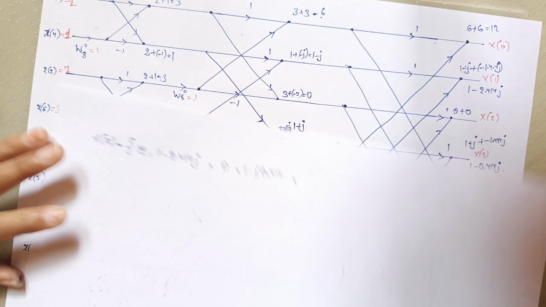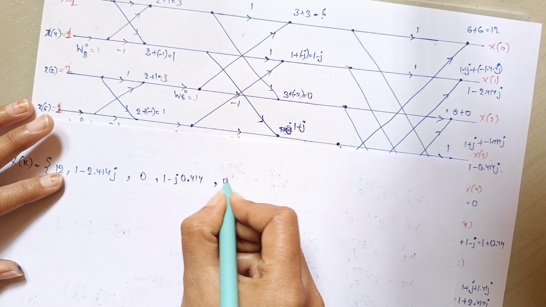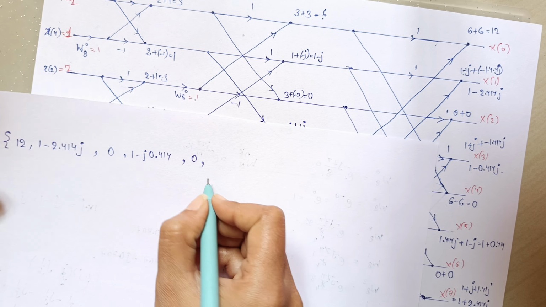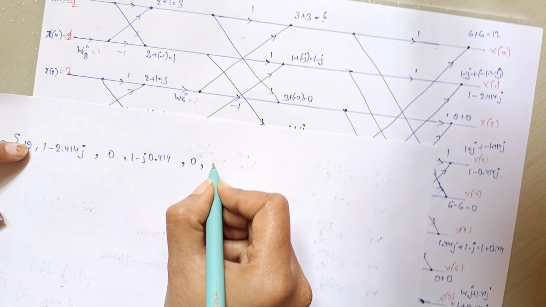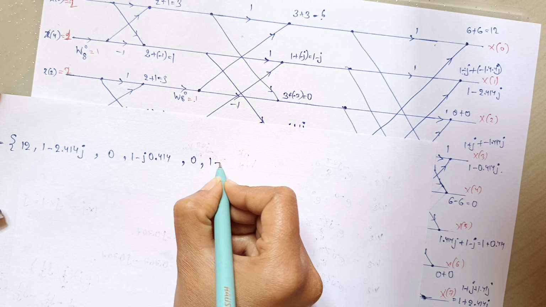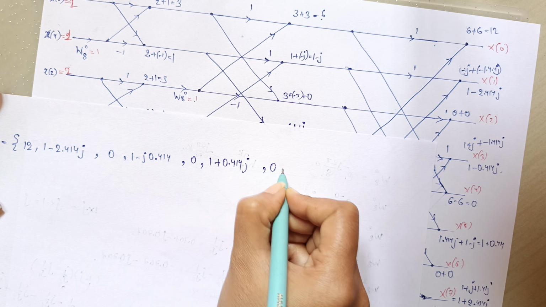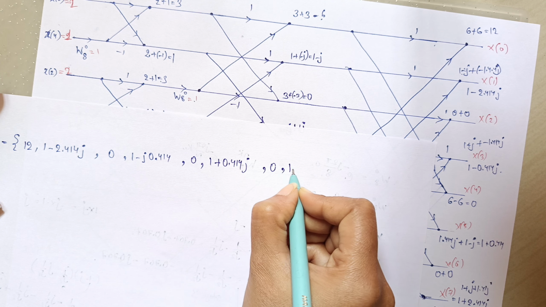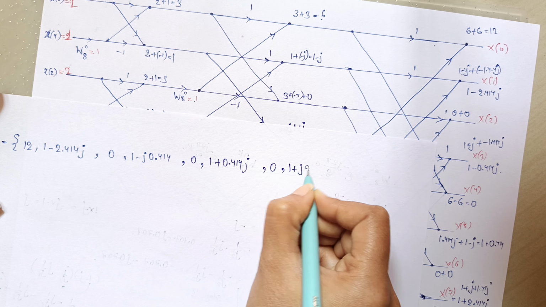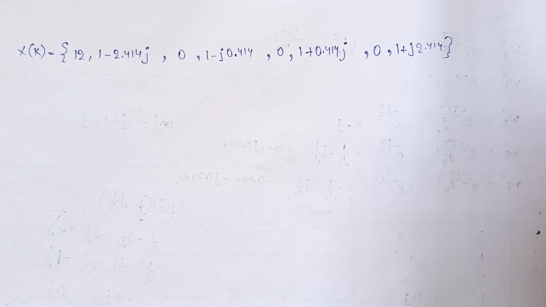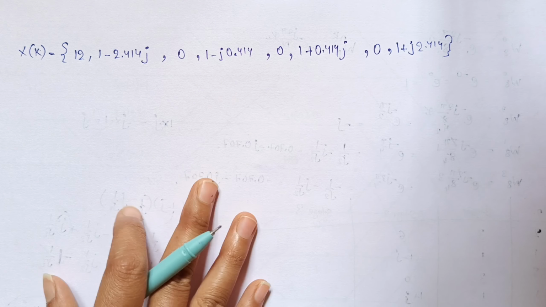The next index is again 0, and the next index is 1 plus 0.414 j. The next index again is 0, and the last index is 1 plus j into 2.414. So this is the final sequence in the frequency domain.